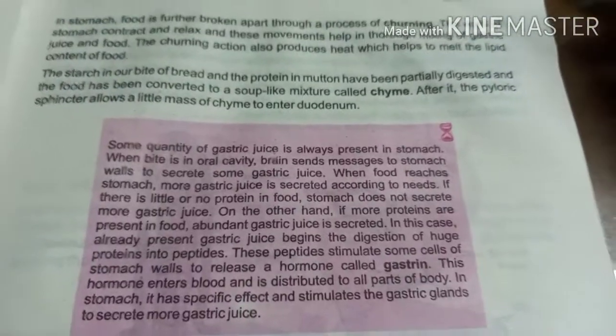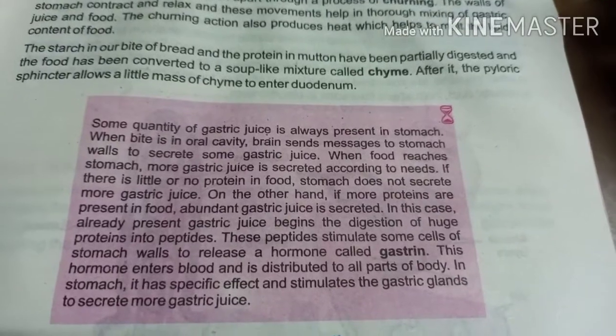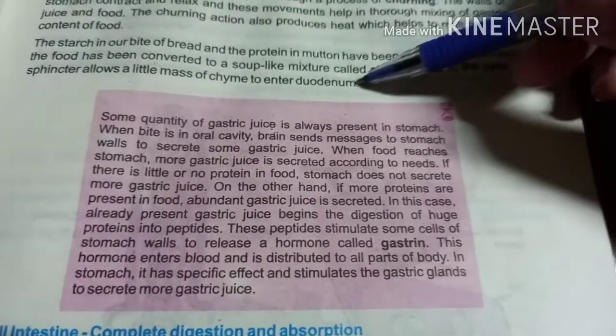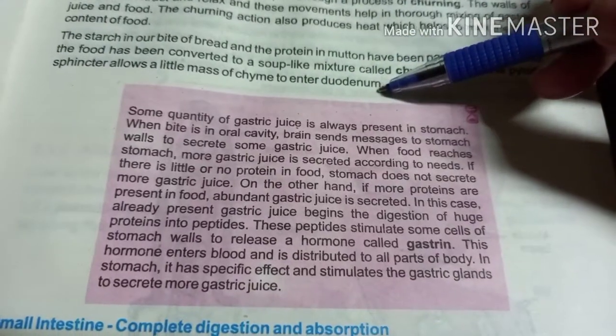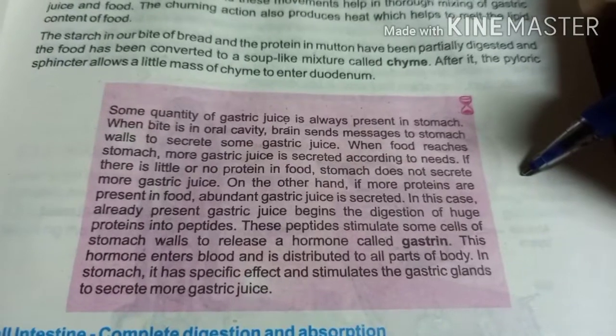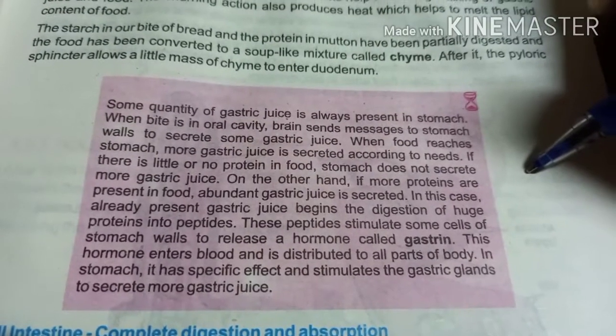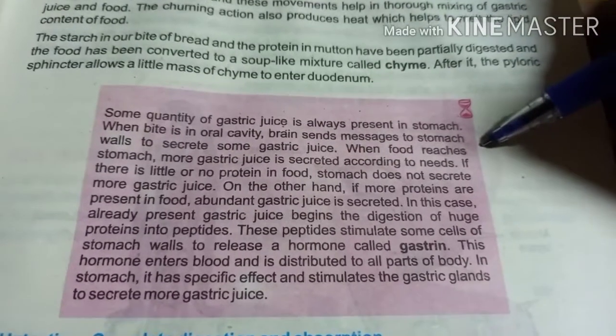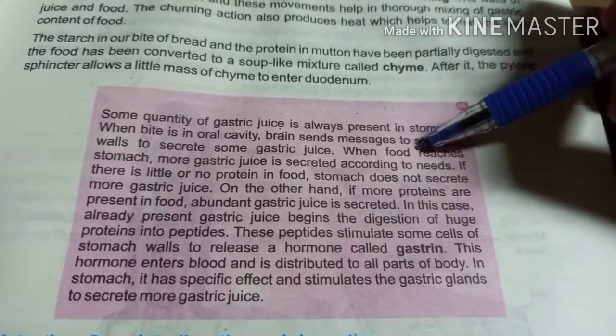After this, the pyloric sphincter allows a little mass of chyme to enter the duodenum. Duodenum is the first portion of the small intestine. Okay. Another important fact here: some quantity of gastric juice is always present in the stomach. When a bite is in the oral cavity, the brain sends messages to the stomach wall to secrete some gastric juice.